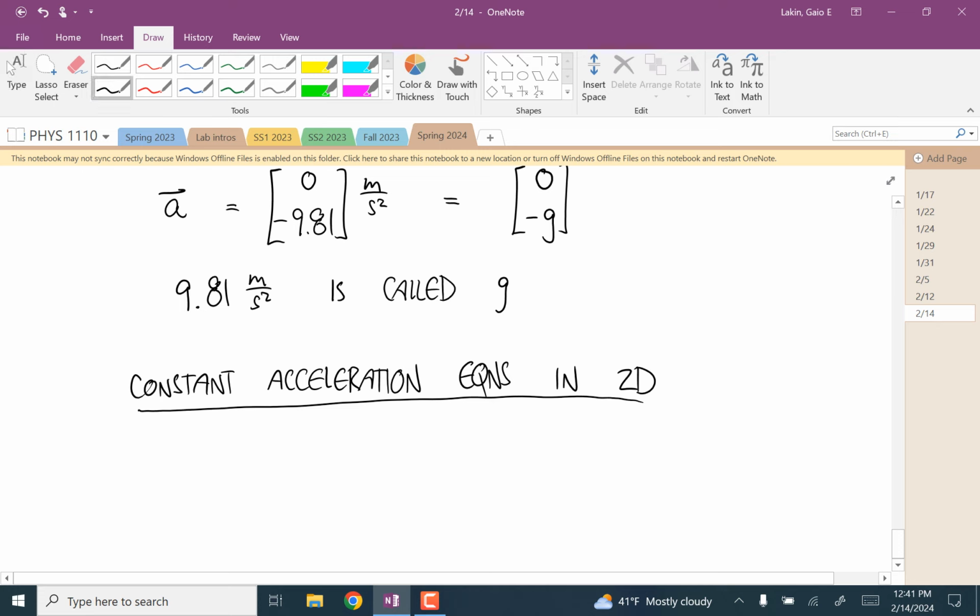Well, first we have to define a couple things just like we did when I introduced it in 1D. So PI and VI vectors are the position and velocity vectors at time equals 0.